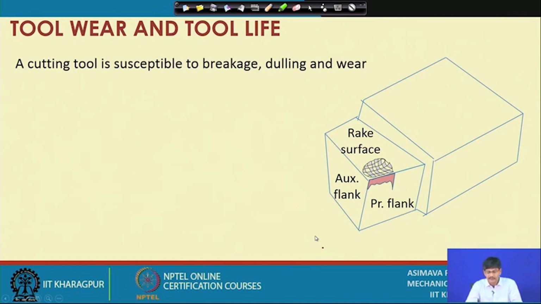This is because the tool will be deteriorating in quality when it is being put to use, where the chip is rubbing against the rake surface while moving and also applying a considerable amount of force, very frequently in the order of hundreds of newtons. So, the tool surface will undergo first of all a very slow process of wear and tear.